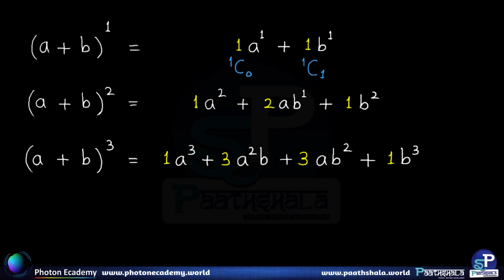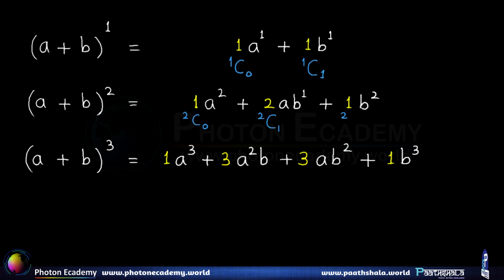Similarly, the numbers 1, 2 and 1, the coefficients in A plus B raised to 2, are obtained as 2C0, because you see that 2C0 is nothing but 1, then 2 is nothing but 2C1, and the last one is nothing but 2C2.